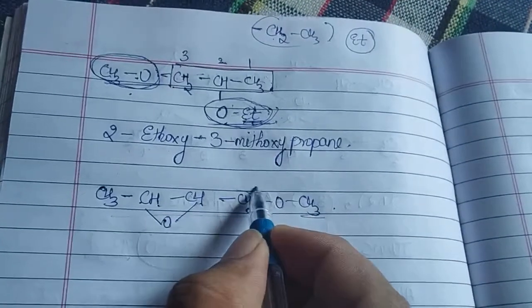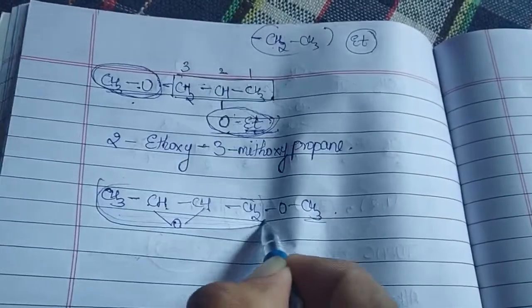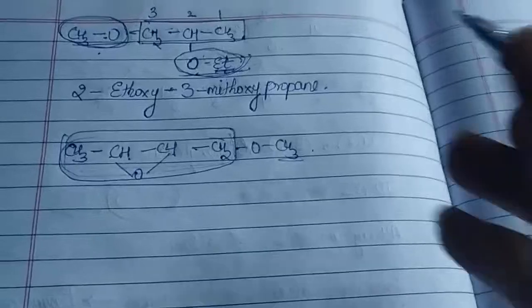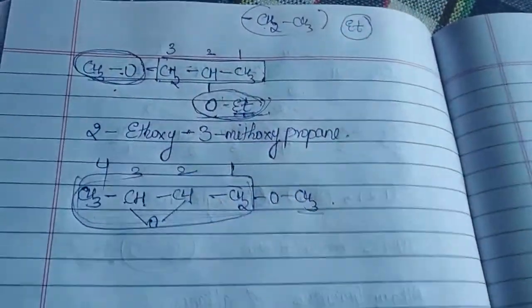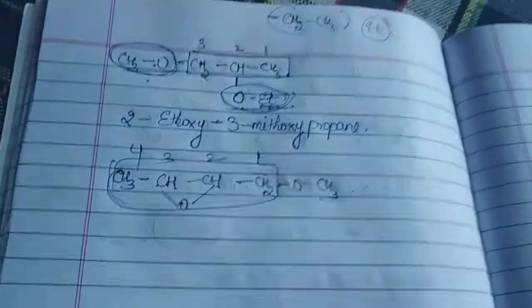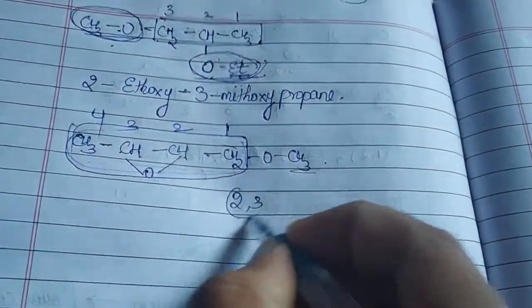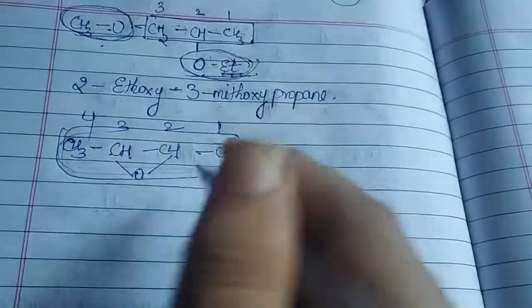Now according to this one, this is having the larger number of carbon atoms. So overall now this part will be your parent chain. Yes or no? So 1 2 3 4. So how can you name it now? 2-3, yes, hyphen, epoxy.